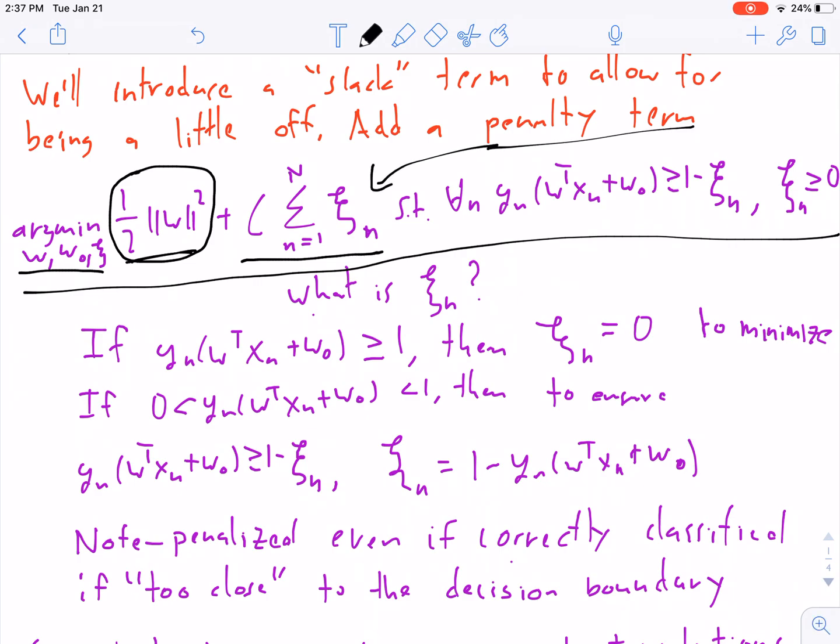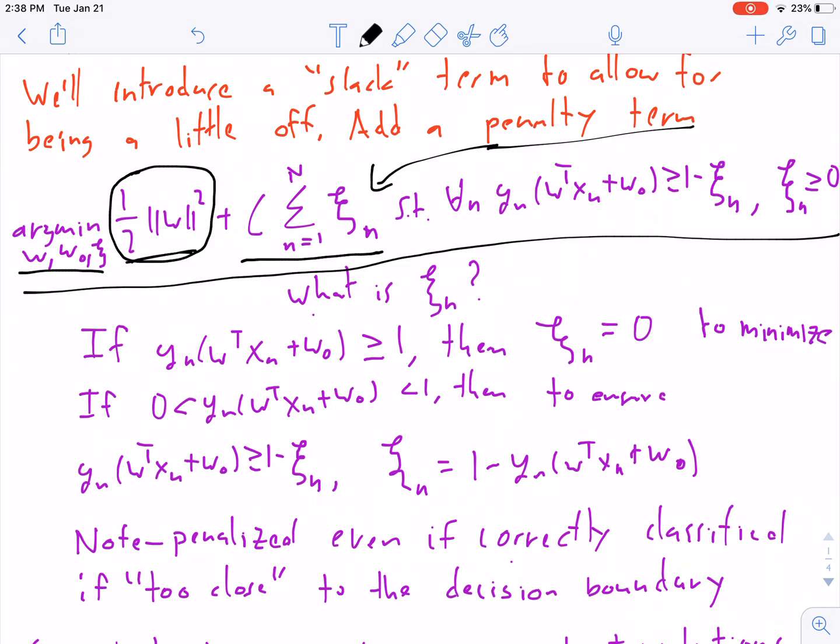The slack variables, and I'll demonstrate this later, are going to be 0 for correctly classified points that are outside the margin, and they're only going to be non-zero for points that are correctly classified but close to the decision boundary, or incorrectly classified points. So here we're just penalizing the objective function for misclassifying or being close to the decision boundary.